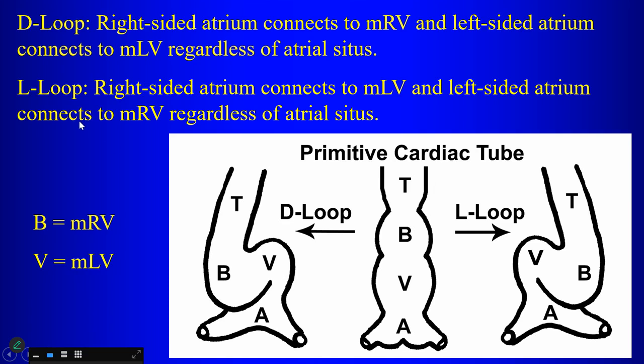When we have an L loop, okay, if it loops the other way, again, this atrium on this side, regardless of what kind of atrium that is, is going to connect to this one, which is going to be the morphologic left ventricle. And this atrium here, regardless of what kind of atrium that is, is going to connect to that one, which is going to form the morphologic right ventricle.